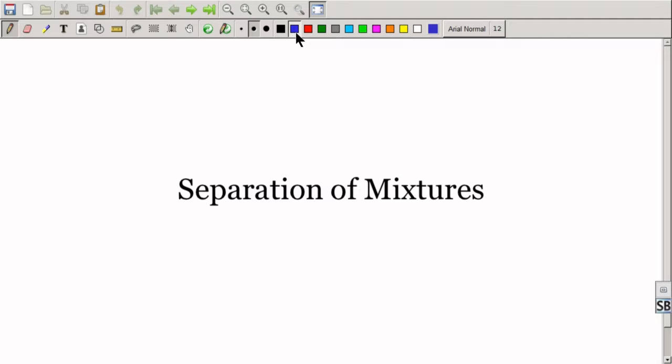So why would you want to separate a mixture in that context? Why would you want to do it? Yeah. Okay, that's probably the most common application of separations of mixtures as a whole: somehow you need to purify a product from a reaction mixture.